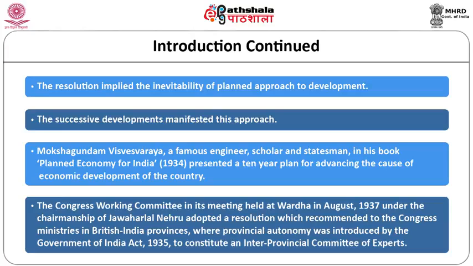The Congress Working Committee, in its meeting held at Wardha in August 1937, under the chairmanship of Jawaharlal Nehru, adopted a resolution which recommended to the Congress ministries in British India provinces, where provincial autonomy was introduced by the Government of India Act of 1935, to constitute an interprovincial committee of experts.